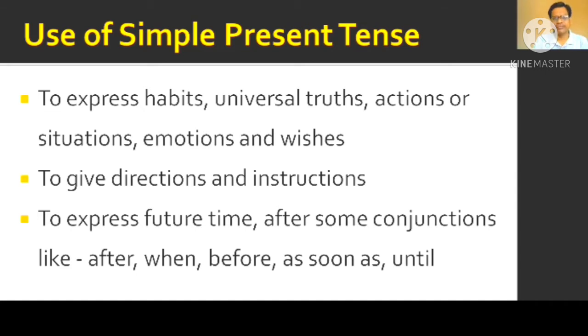And you also have a perfective progressive aspect, which is also called the perfect progressive aspect. That means present perfect continuous tense. So this way, we are familiar with various types of present tense. That is 4 subtypes. Let us talk about the use of simple present tense in our day-to-day life.